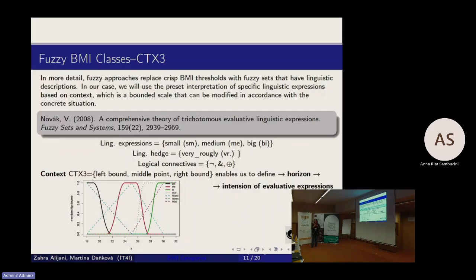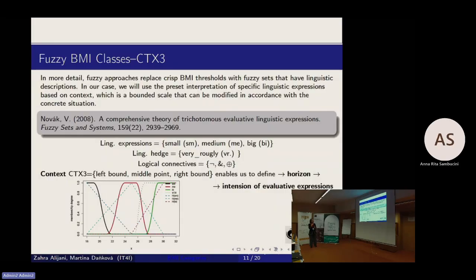The linguistic expressions here are small, medium, and big. For short, we call them Sm, Me, and Bi. And linguistic hedges, which we can also call modifiers, for example very roughly, for short we call it VR. The logical connectives here are negation, conjunction, and disjunction. And the context is left bound, middle point, and right bound.